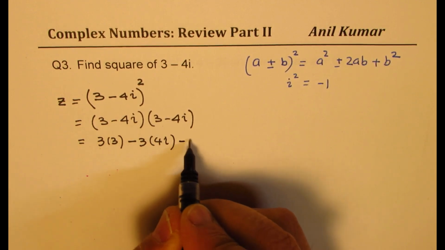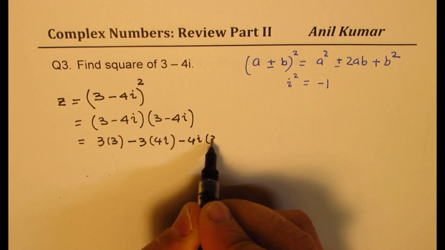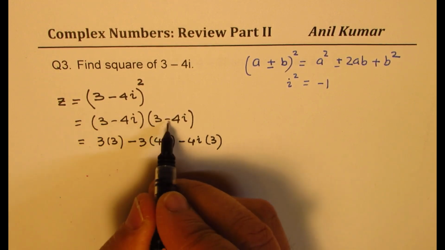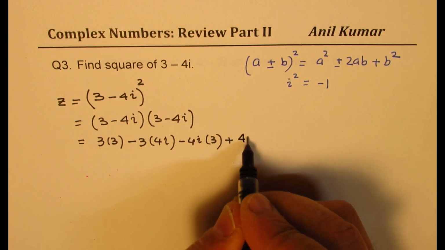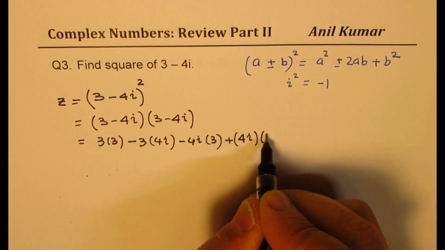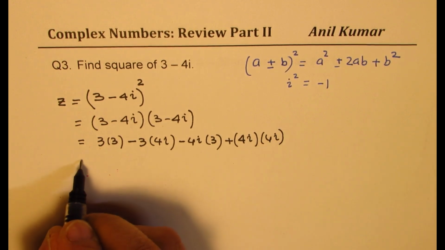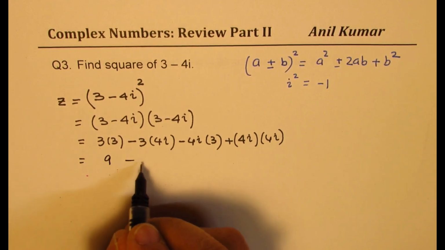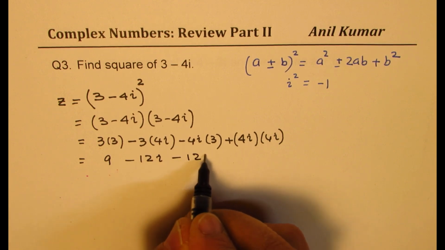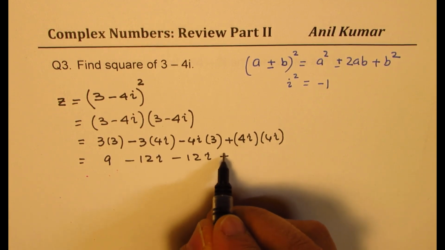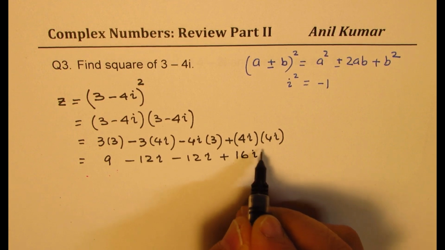With minus 4i, you can write minus 4i times 3. And then minus minus becomes plus, so we'll write 4i times 4i, correct? So that gives you 9 minus 12i. This is also minus 12i. And that makes it 16i squared.